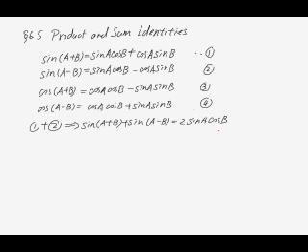So we got 2 times sine A times cosine B equal to sine of A plus B plus sine of A minus B.